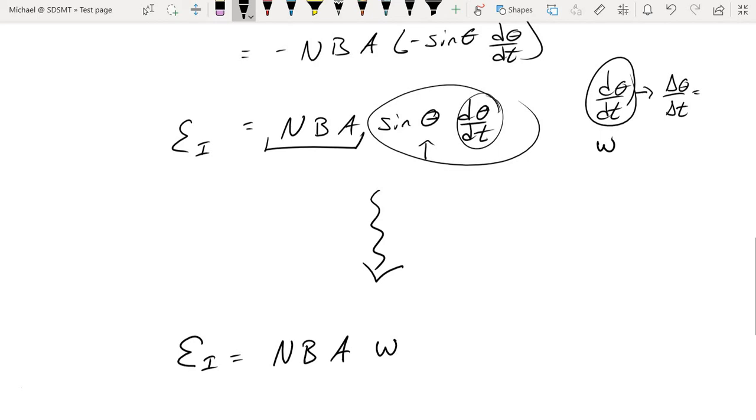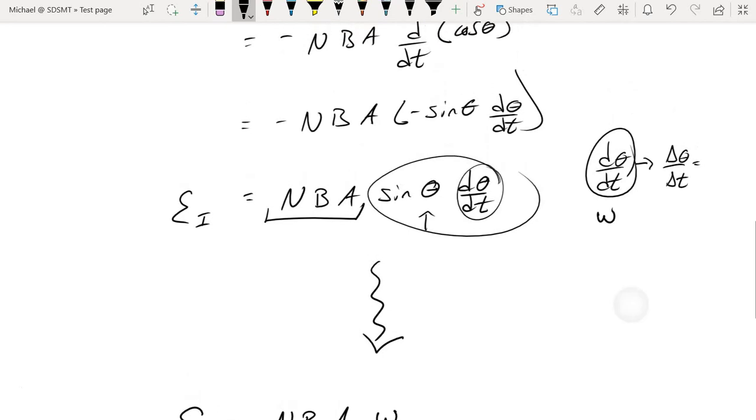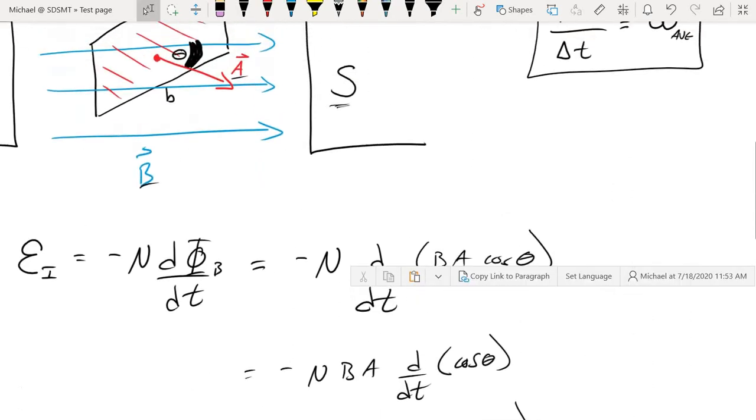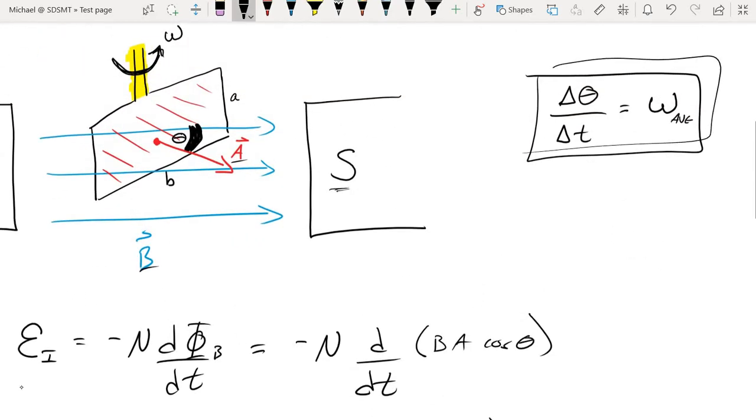So instead, what we could do is go back to this expression right here, and if the angular velocity is constant, if we're spinning this coil at a constant rate, then we can say that the angular position is equal to the angular velocity times time.